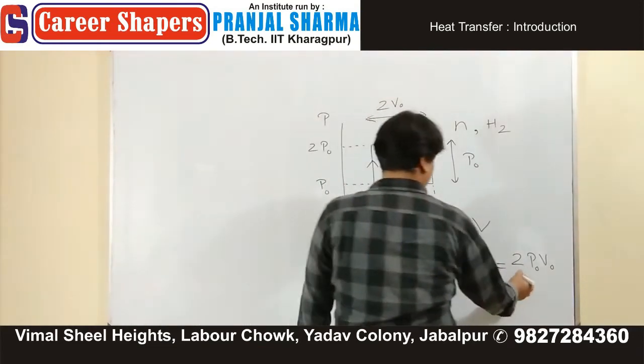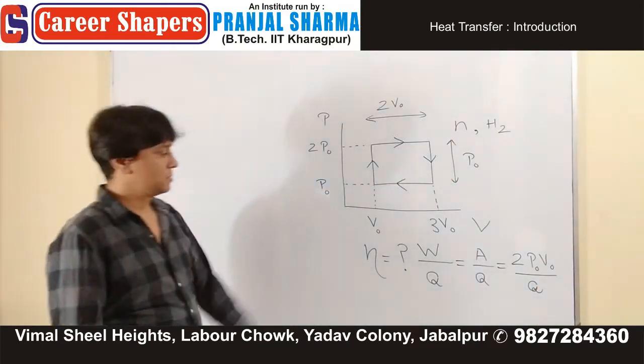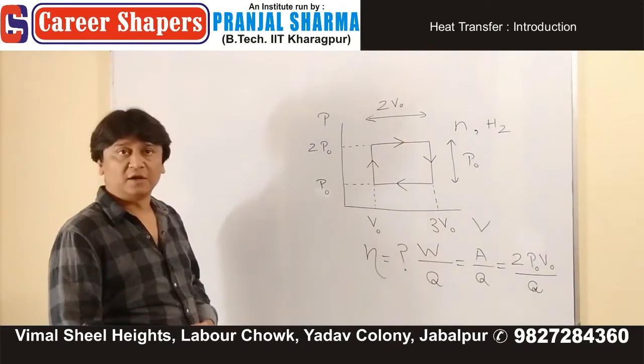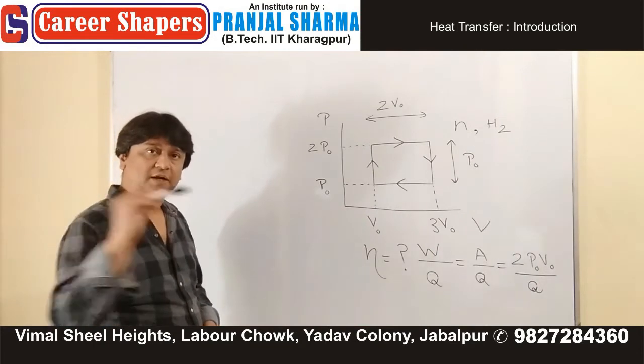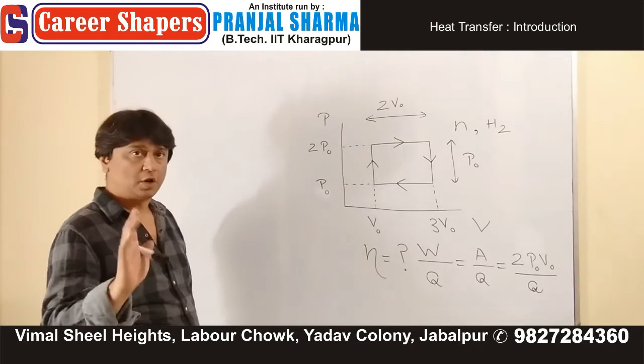Now the only thing left is to find Q. Let's see if you can find Q. And remember, which Q? Positive heat supplied to the system. Q is not the total heat.